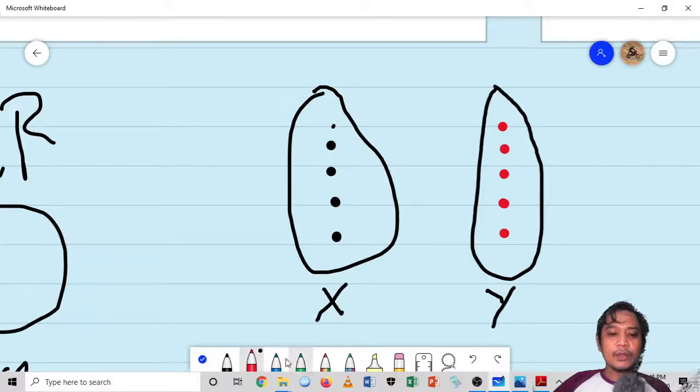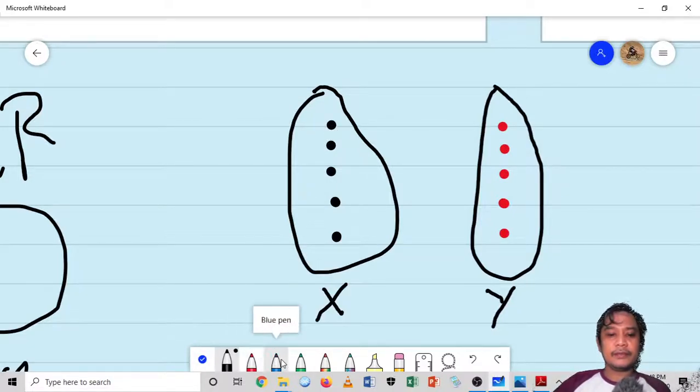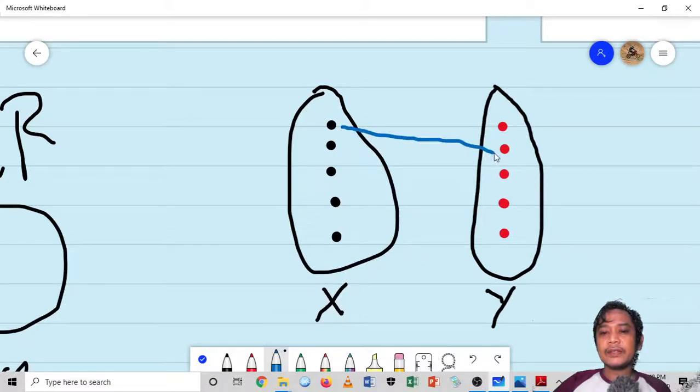And there is a one-to-one function from X to Y. Let us make this a bit larger. Now, suppose there is a function pairing elements of X to Y. So let's say this element is being paired with this.